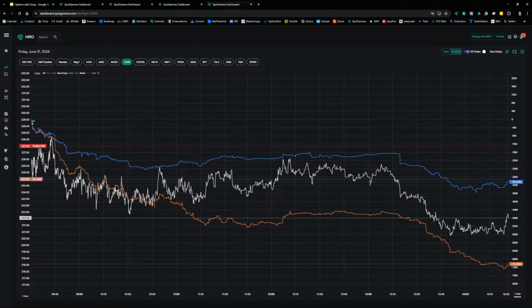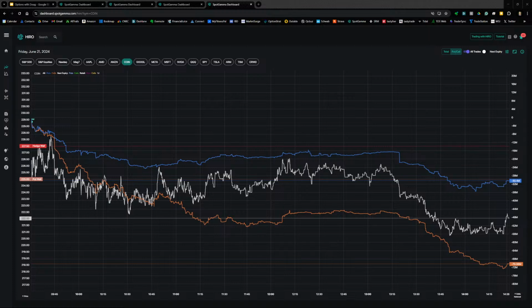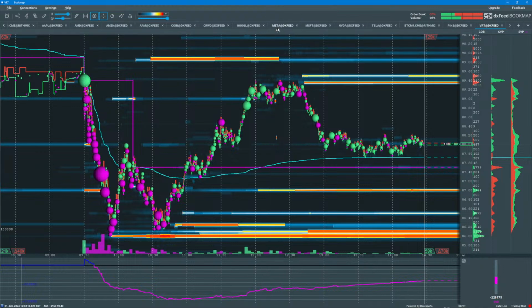The bearish day in Coinbase, traders buying puts, selling calls, price reverses at the 220, just above the 227.50 hedge wall. There was some consolidation around the 225 put wall, and now price has broken below the put wall. So let's go to Bookmap, go to Coinbase.